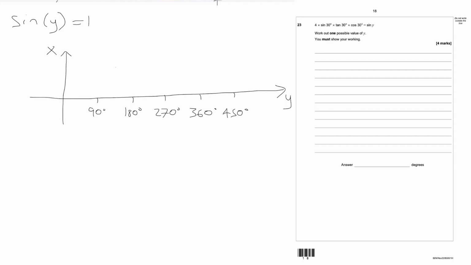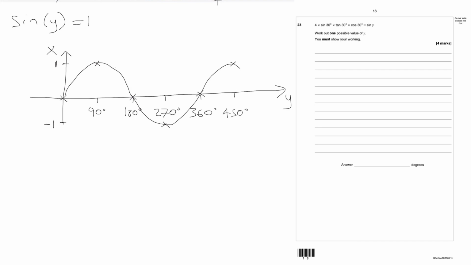And I'm just going to start plotting out this graph. So when y is equal to 0, x is going to be equal to 0. When y is 90 degrees, x is 1. When y is 180 degrees, x is 0 again. And we're just going to draw out this sine curve all the way up to 450 degrees.